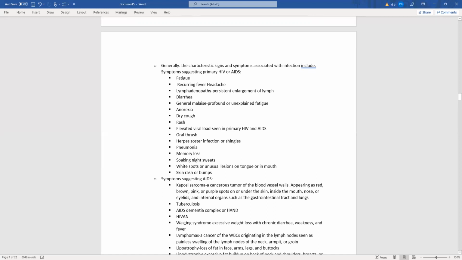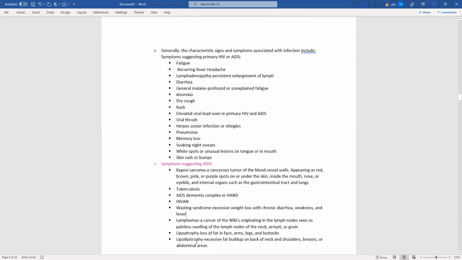Wasting syndrome, excessive weight loss with chronic diarrhea, weakness, and fever. You've got lymphomas, which is a cancer of the white blood cells originating in the lymph nodes, seen as painless swelling of the lymph nodes of the neck, armpit, or groin area.